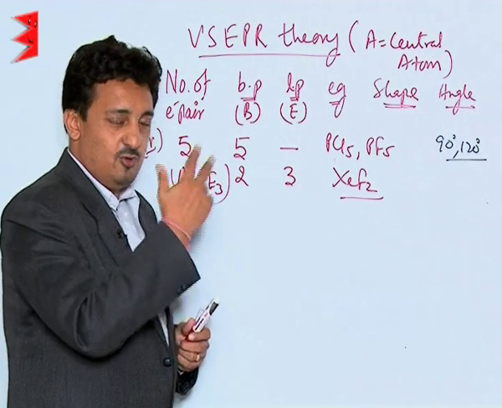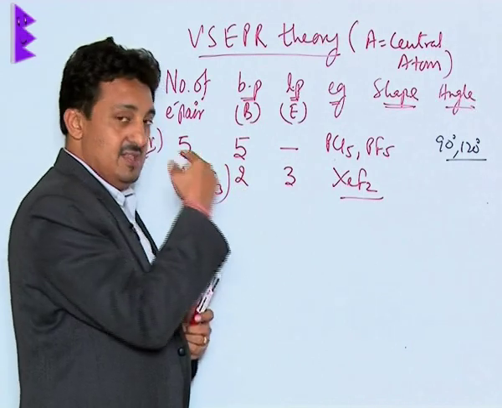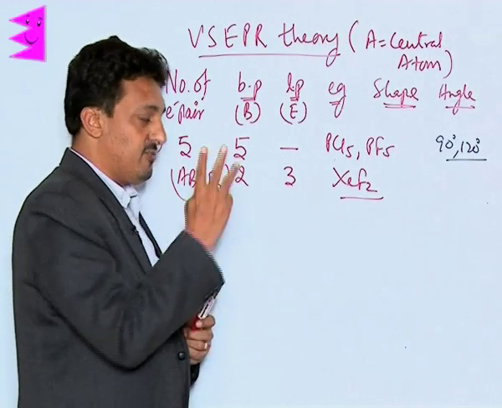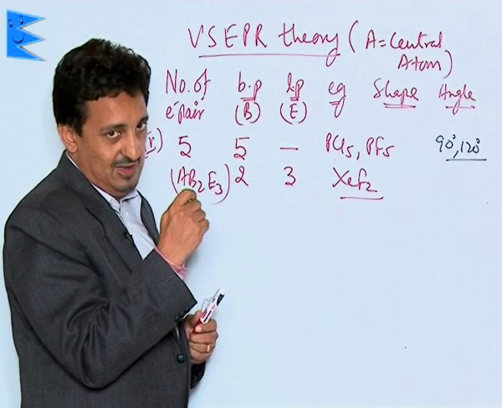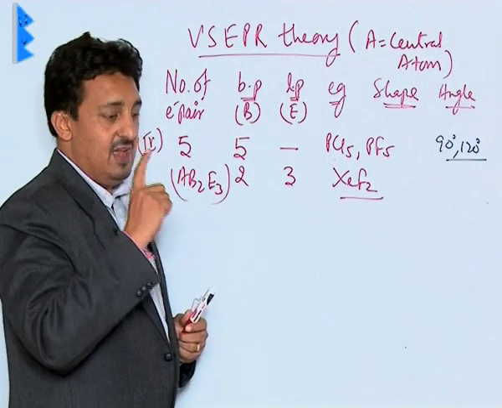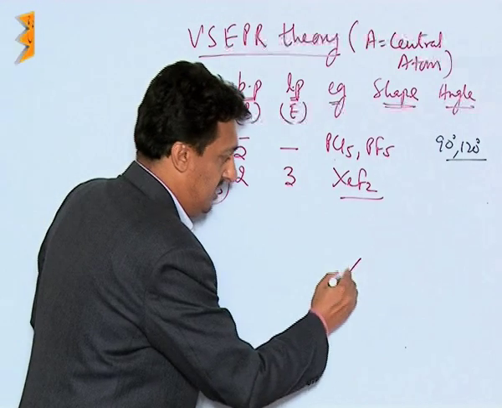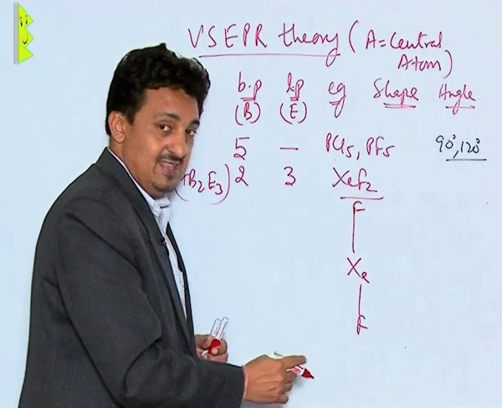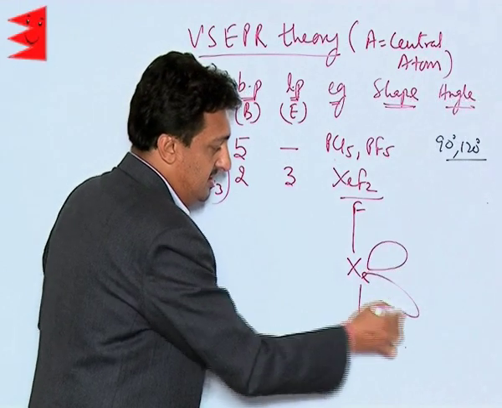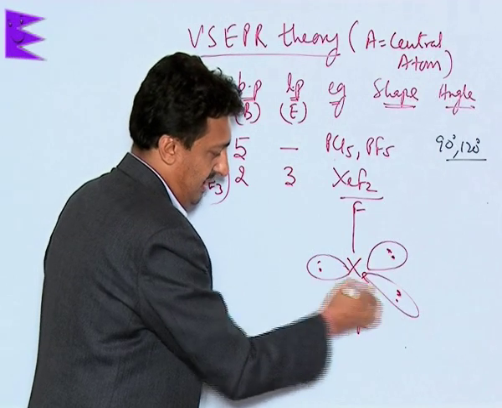Out of these 8, 2 go to the fluorine, so xenon has 2 bonded pairs. The 6 electrons left form 3 lone pairs. Now how will xenon arrange these 3 lone pairs so that they have minimum repulsion? It is only possible when they are at the equatorial positions. So xenon arranges 2 fluorine opposite to each other at the axial positions, and this is how the 3 lone pairs are arranged by the xenon.